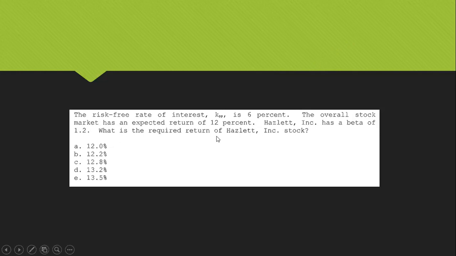So what is our required return? One answered C, 12.8. Another answered D. Actually, Lorenzo changed his answer from D. How about the others?